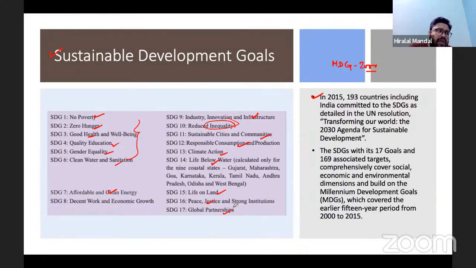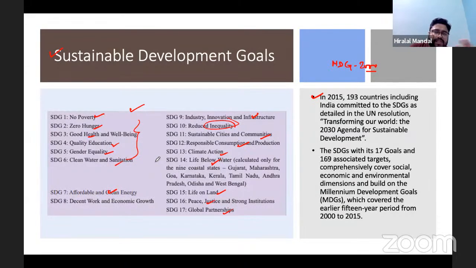For example, if the government is looking to govern the country, if the government is going to implement various welfare schemes and other things, it will have to take these development goals into consideration. All right.